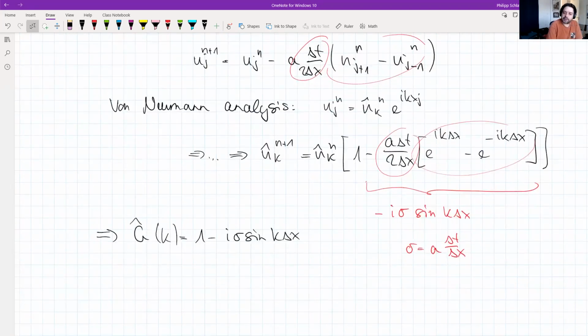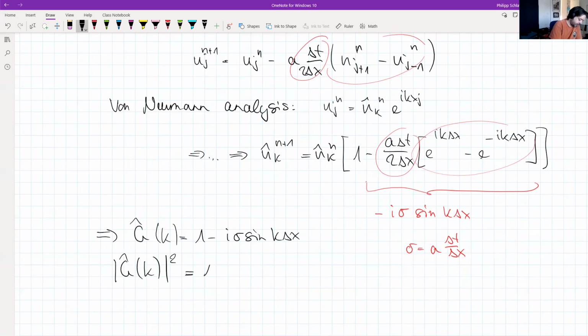What we're interested in for determining stability is the modulus of this g hat, the absolute value of g hat of k. This is a complex number, and its absolute value squared is the real part squared plus the imaginary part squared.